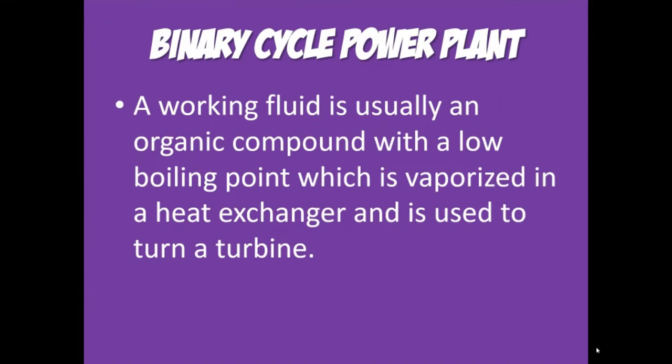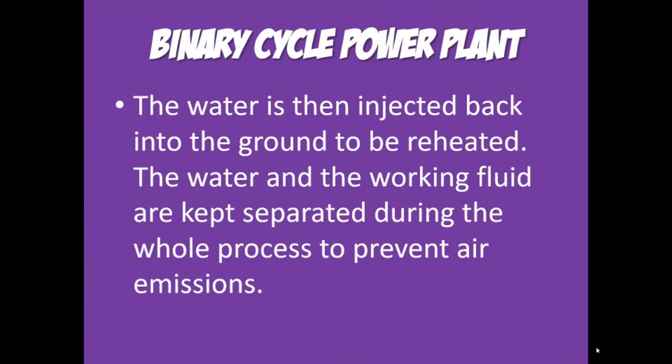A working fluid is usually an organic compound with a low boiling point which is vaporized in a heat exchanger and is used to turn a turbine. So, ayun po siya. And then, the water is then injected back into the ground to be reheated. The water and the working fluid are kept separated during the whole process to prevent air emissions.